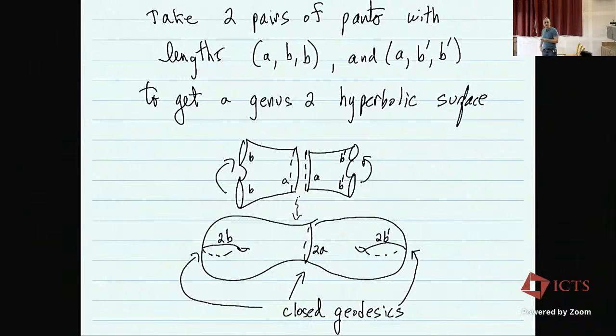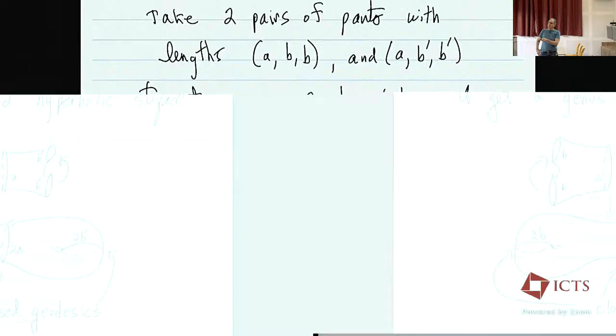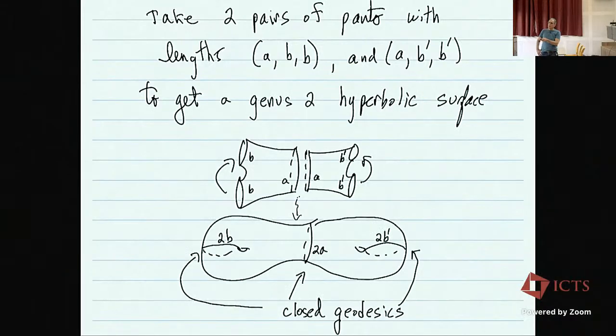But wait, you could do more. You could take 2 pairs of pants and glue them together. Here's 1 pair of pants with sides A, B, B. And I want to glue this pair of pants to this pair of pants. So this side had better be the same length as this side, and I want to glue this boundary to this boundary, so it better be the same length.